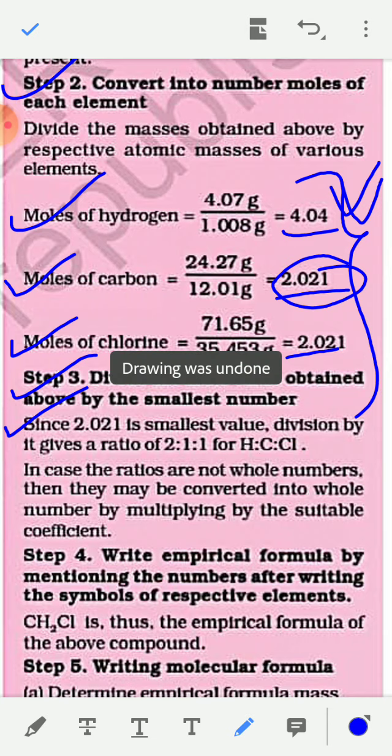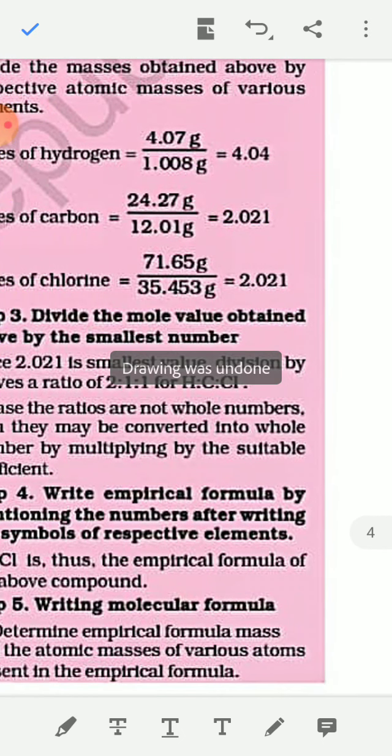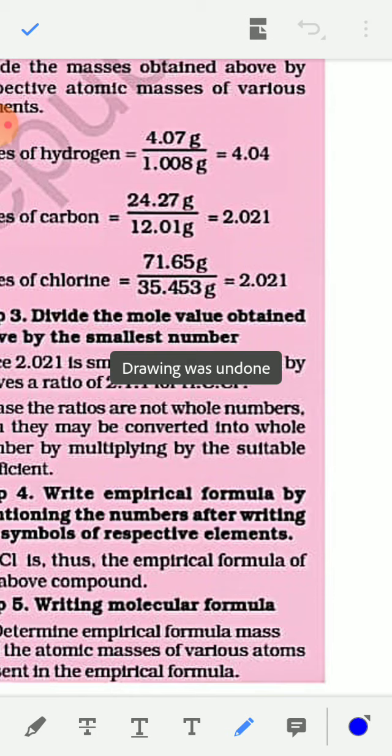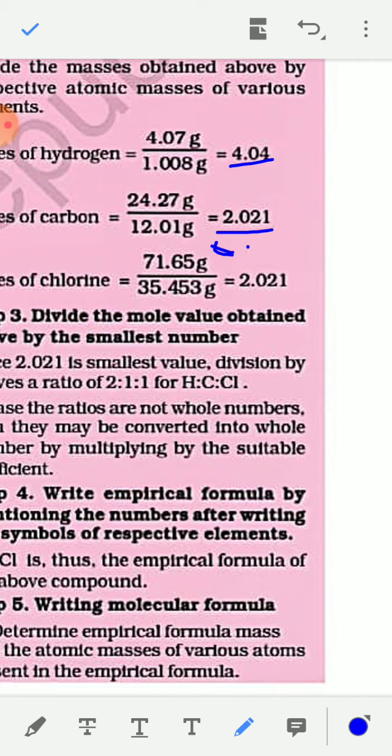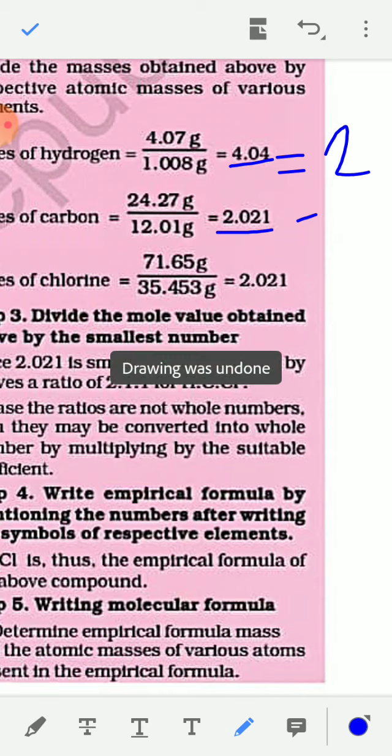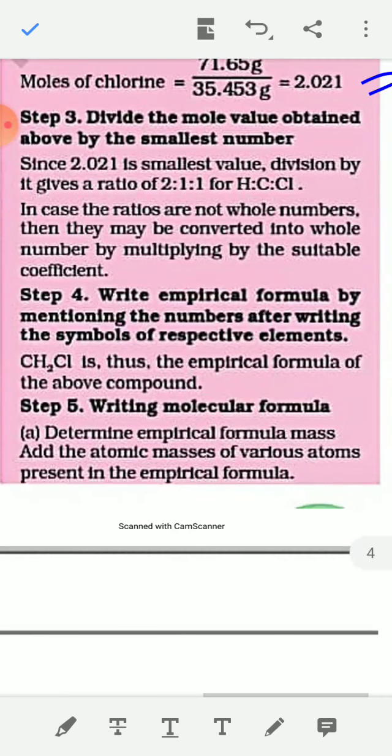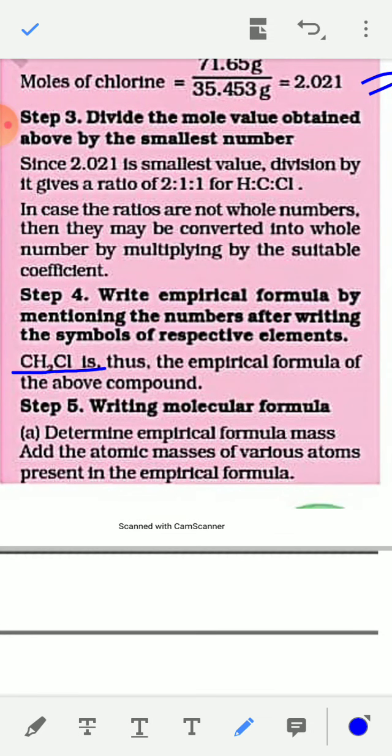So the empirical formula of the compound will be CH2Cl. The next step, step 4, is to write the empirical formula by mentioning the numbers after the symbol of the respective elements.